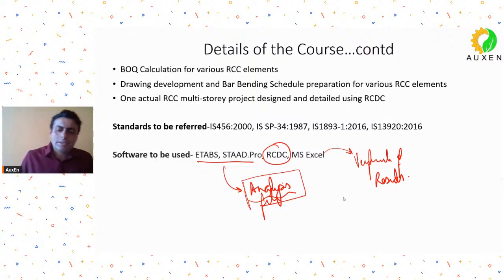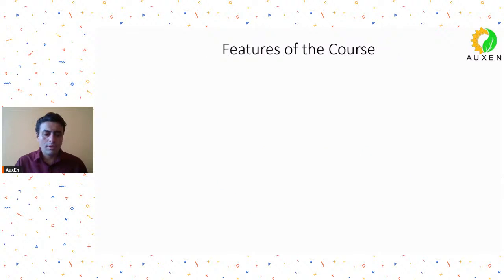So 1980 is, I think, the last time SP 16 was revised. I think now it has been discontinued also. Someone was telling me that if you go to the BIS website, you're not able to download SP 16. So it has been sort of discontinued now. Don't know what they're doing.